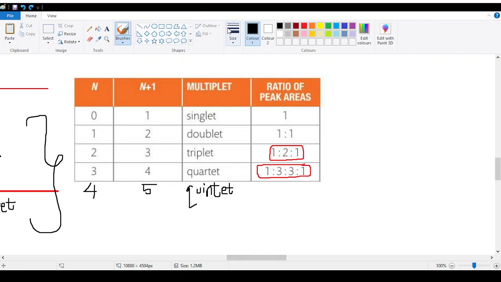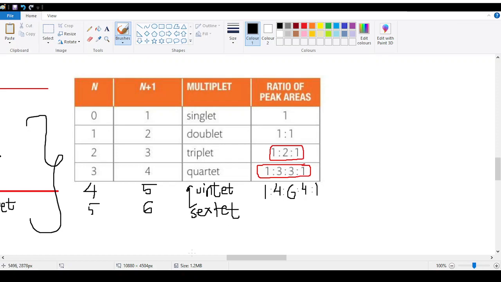So for quintet, if I write this down, the ratio is 1 4 6 4 1. So it's 1 is to 4 is to 6 is to 4 is to 1. Don't worry about memorizing this.